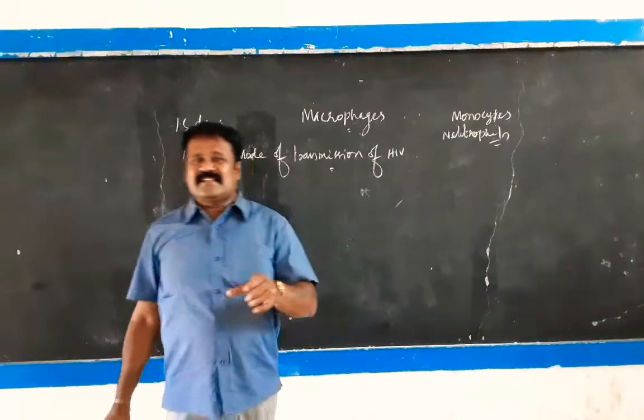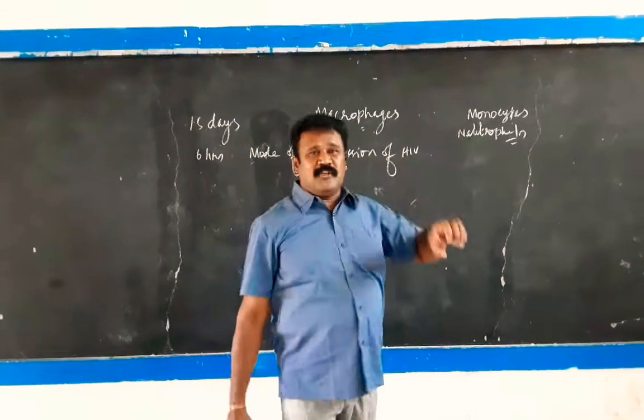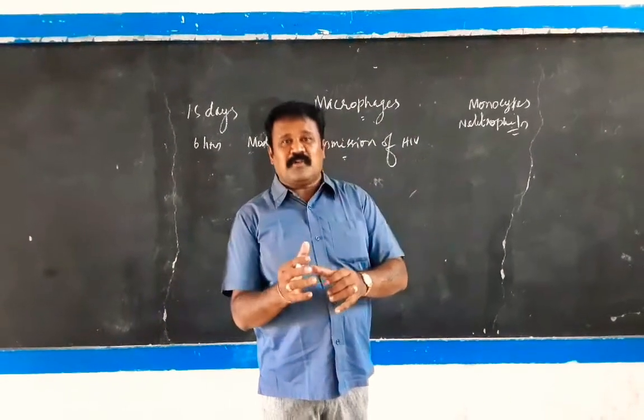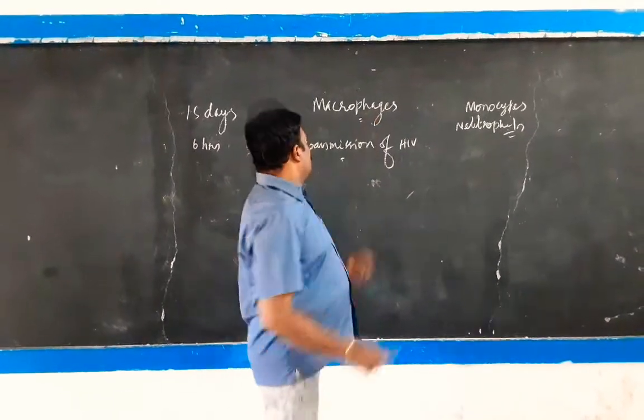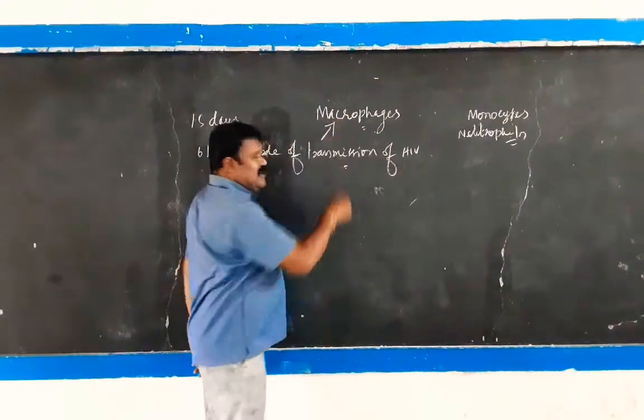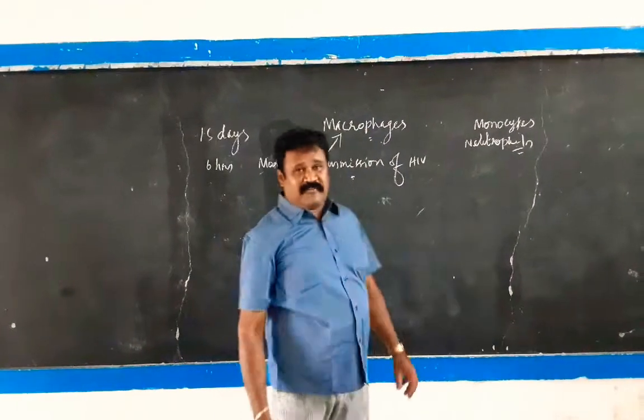According to the need, a few of the WBCs clump together and become a large cell called macrophage. HIV enters into the macrophage.